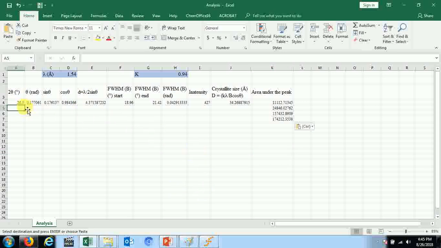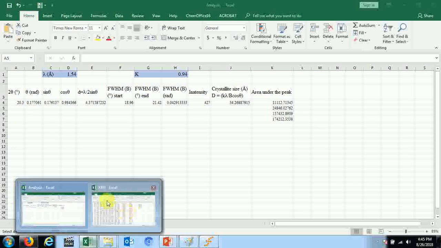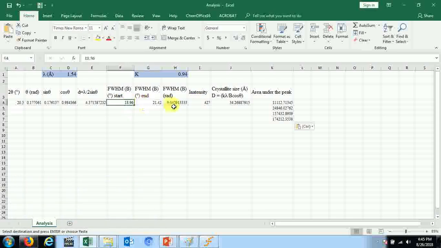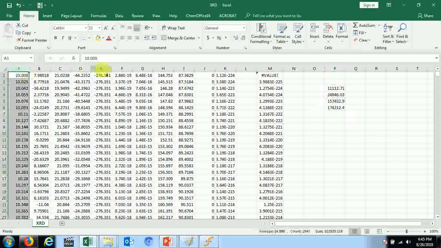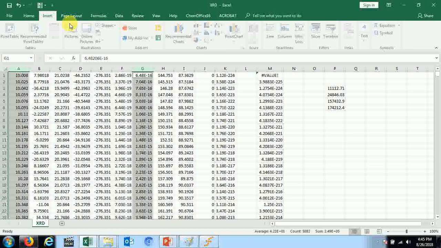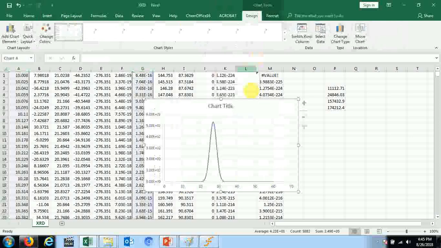So likewise, if we calculate the 2 theta value and full width at half maximum for the first and the last position, then we can just extend the cell for the next values, and it will be calculated automatically. So for the next peak, let me insert the peak here.